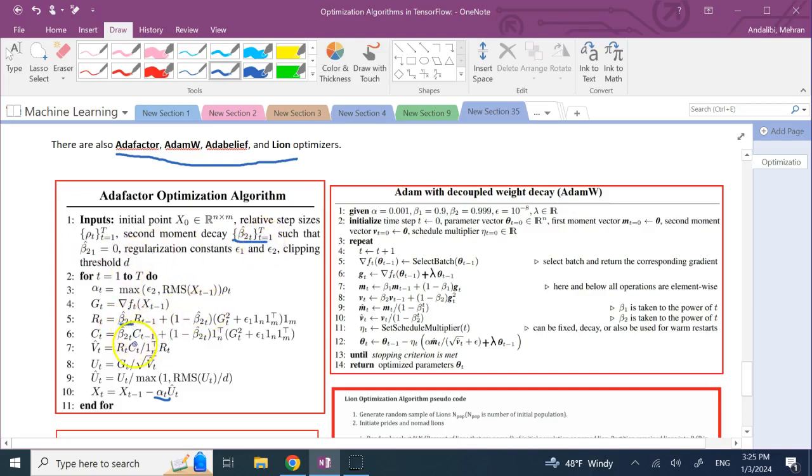There is epsilon 1 here and so on, so it needs epsilon 1, epsilon 2. You see there are regularization constants, so this method also has regularization. It has the parameter rho, and it has d, correct?